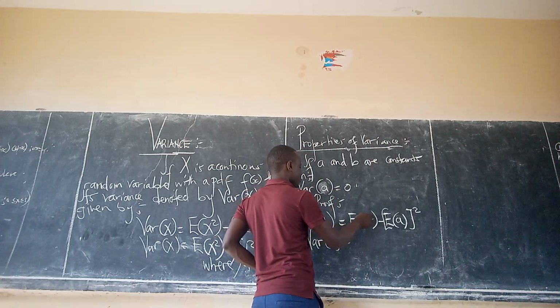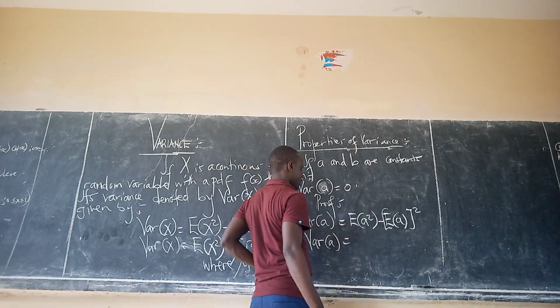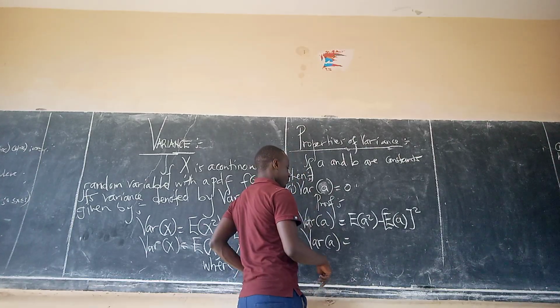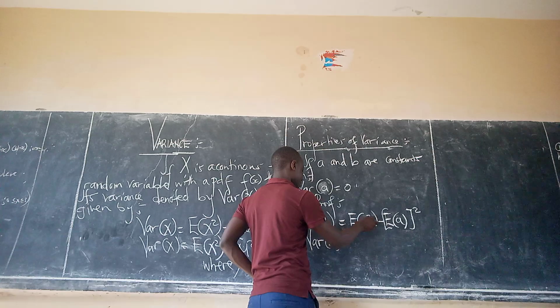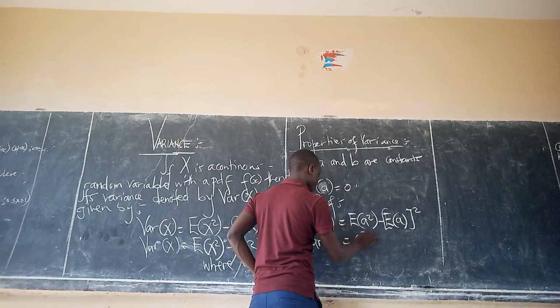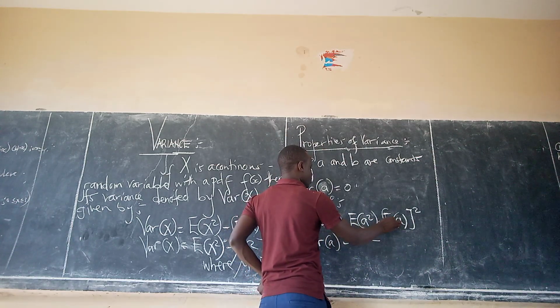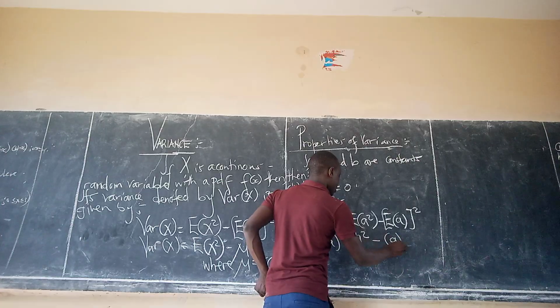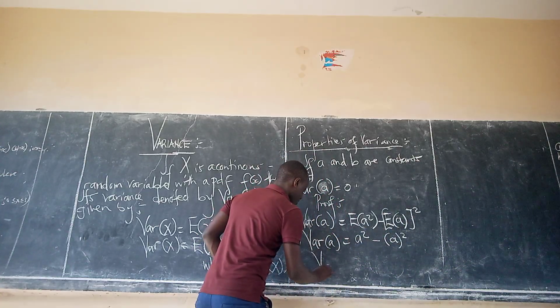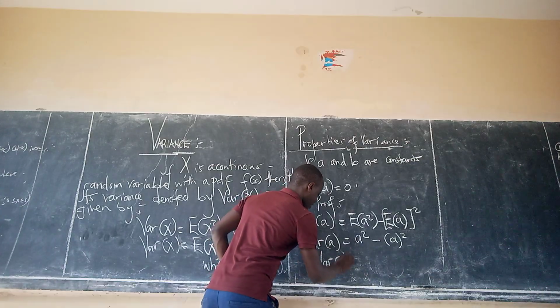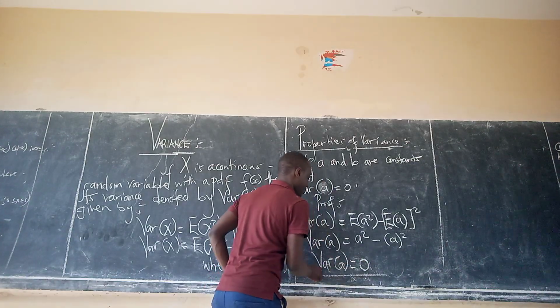Since a is a constant, even a squared will be a constant, so the expectation of a squared is a squared. The expectation of a is a, but the whole thing is now squared. So finally, you realize that the variance of a constant is 0.